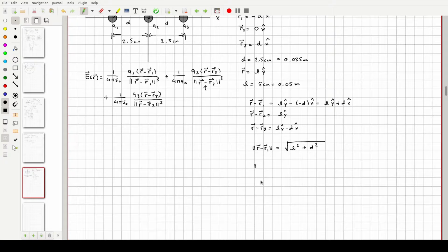The length of R minus R2 is just square root of L squared, or just L. That's how far away it is. R minus R3 is going to be the square root of L squared plus minus D squared. But when you square a negative, it becomes a positive.